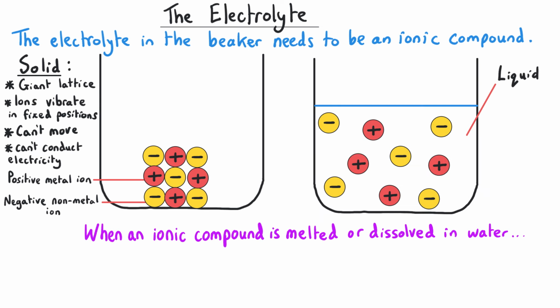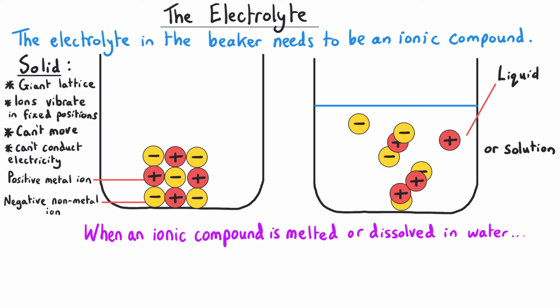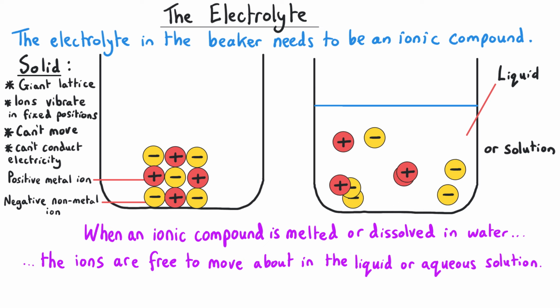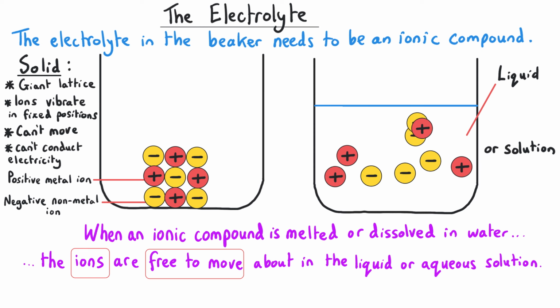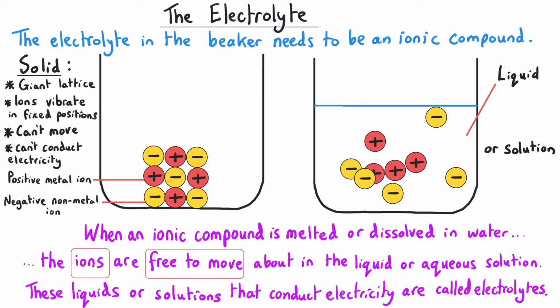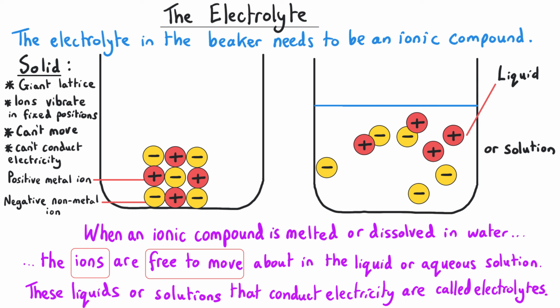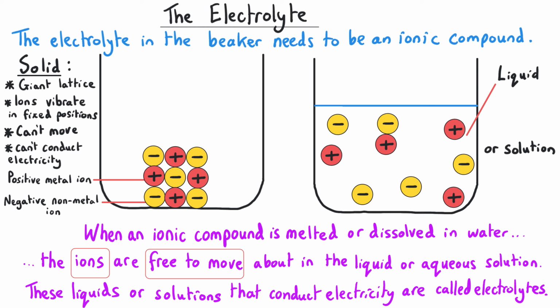As a liquid, or when dissolved in water, the ions from the lattice are no longer in a fixed position, and so they are free to move around within the electrolyte. This enables them to conduct electricity when an external power supply is connected up.